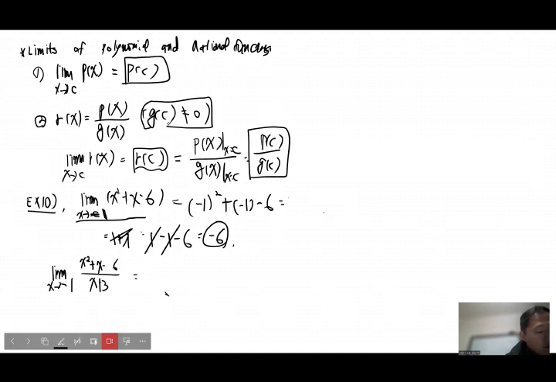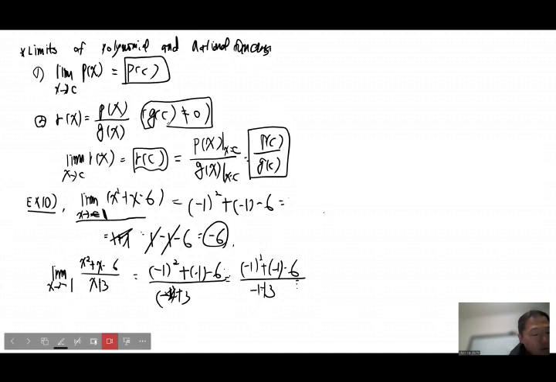So now you plug the minus 1 into this formula, then that should be (minus 1) squared plus (minus 1) minus 6, divided by x plus 3. Here x is minus 1, right?